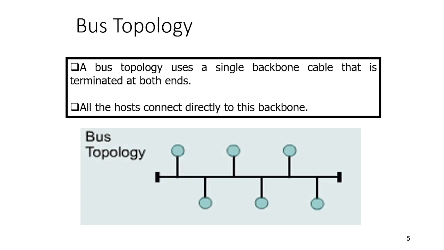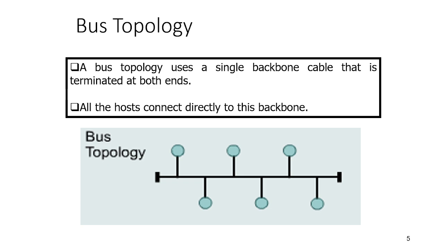In the bus topology, all computers and devices are connected to a single communication cable known as the backbone of the bus. The backbone acts as the main communication channel through which all data travels. Whenever a computer sends data, the signal travels along the bus and reaches all devices connected to it.